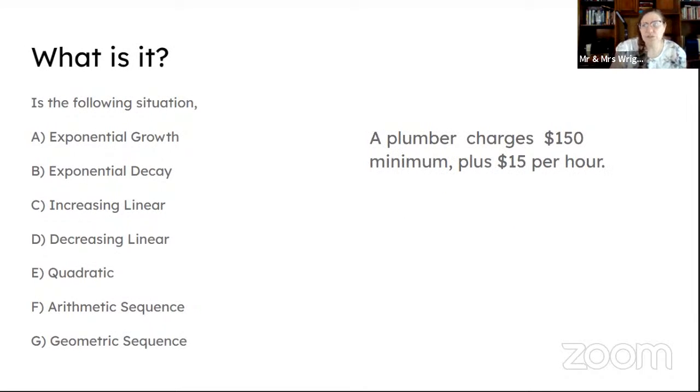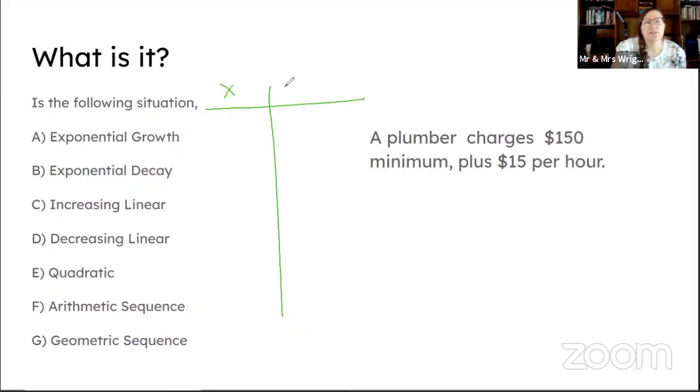All right, a plumber charges $150 an hour minimum plus $15 per hour. All right, let's create a chart. The input and the output. Hour 0, you're going to be charged $150 if the plumber is not there for even 1 hour. After 1 hour, he's going to be charged what? $150 plus 15, which is $165, plus 15 is $180 for hour 2.